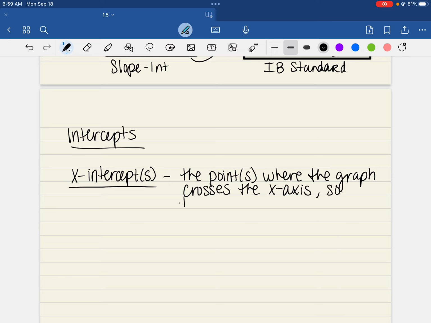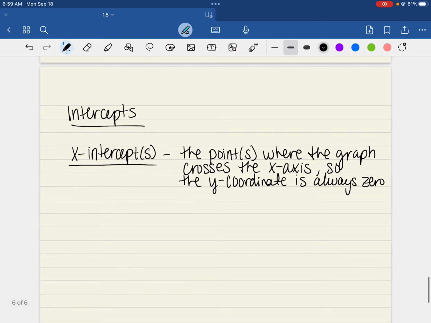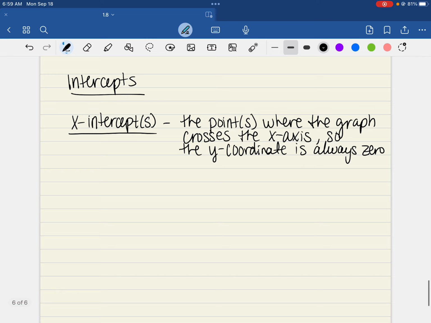So the y-coordinate is always 0. Now why did I refer to points? We are dealing with linear in this scenario, but we will eventually get to a scenario where we have nonlinear. A little foreshadowing for you.